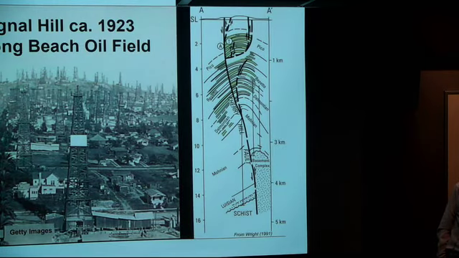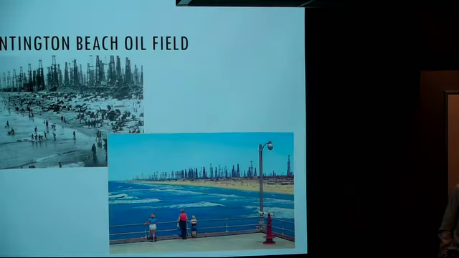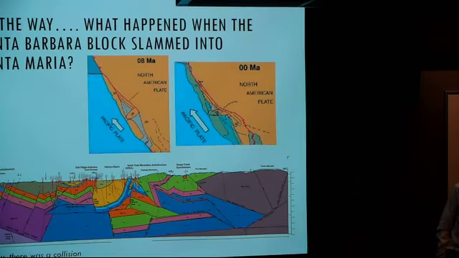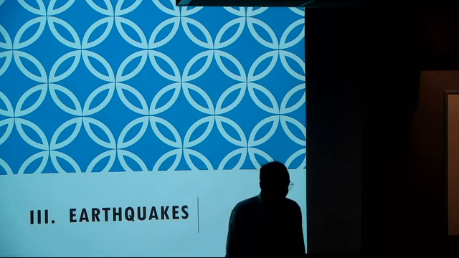And we looked at Signal Hill, which is a wonderful little hill that we all know about near the freeway, and that used to be covered with oil derricks. Huntington Beach used to be covered with oil derricks, and so on and so forth. Good enough. At any rate, that was just a brief refresher, and I didn't want to spend too much time on it. But we're going to use that same framework to now look at earthquakes.